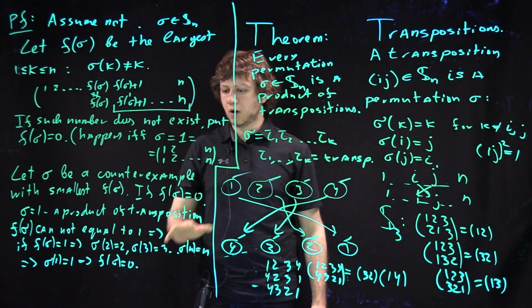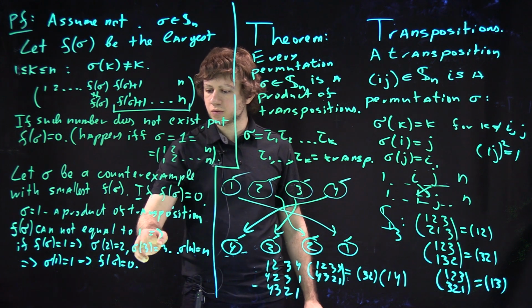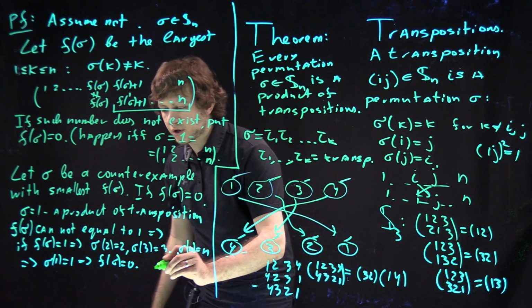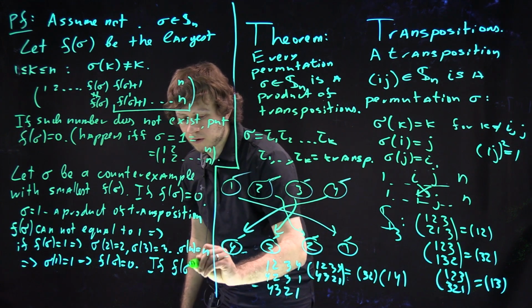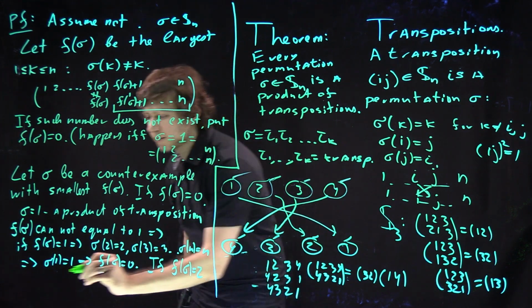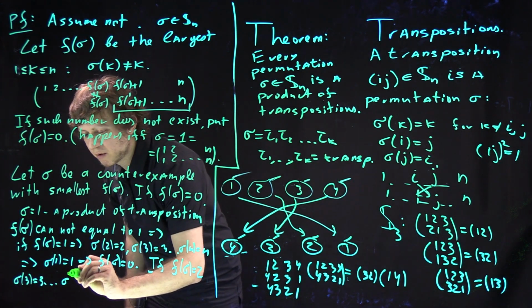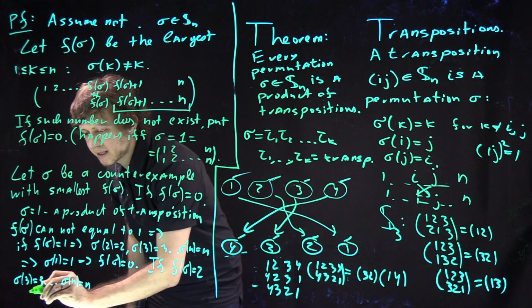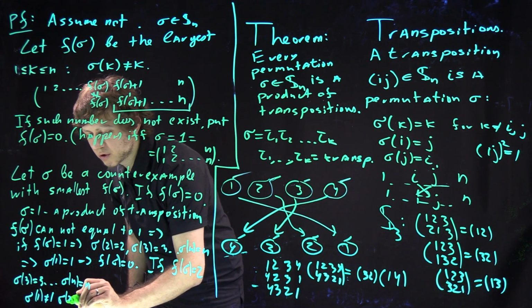Okay, so f of sigma cannot equal 1, cannot equal 0, and of course, if f of sigma equals 2, it means that sigma of 3 equals 3, and so on, sigma of n equals n, but sigma of 1 is not equal to 1, and sigma of 2 is not equal to 2.